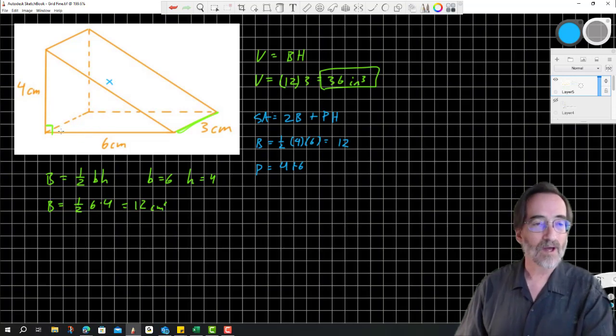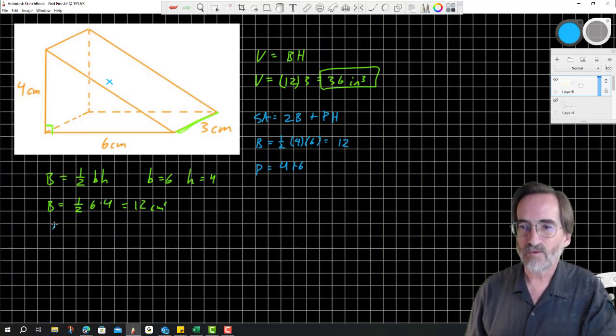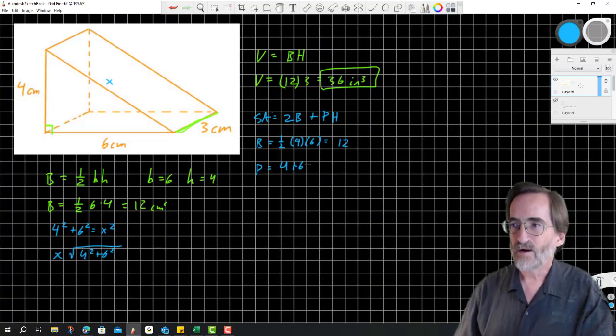We don't know x, but we do know a rule that relates the sides of a right triangle. The Pythagorean theorem says 4 squared plus 6 squared equals x squared, or x is the square root of 4 squared plus 6 squared. So the perimeter is 4 plus 6 plus the square root of 4 squared plus 6 squared.